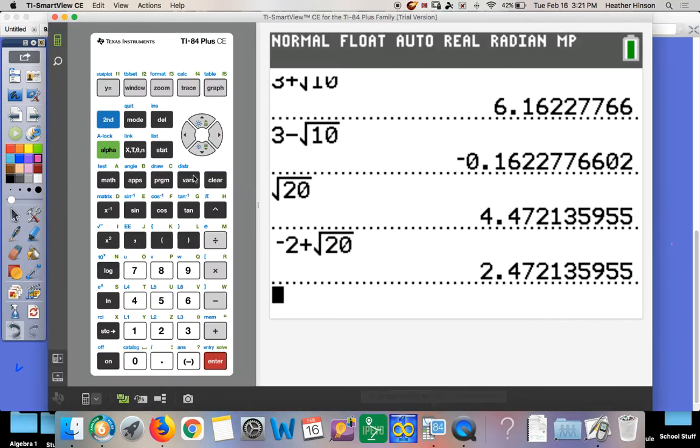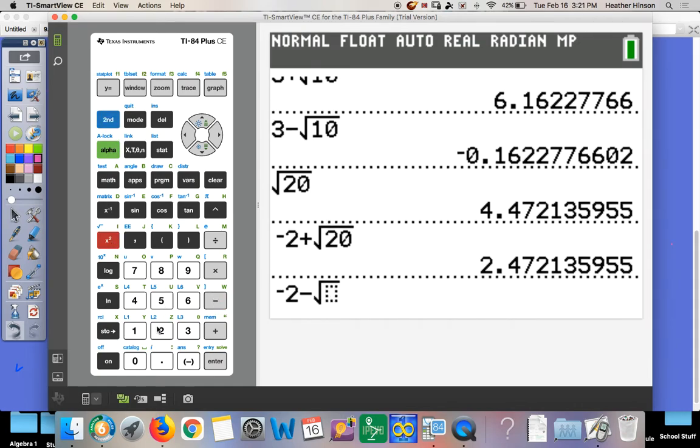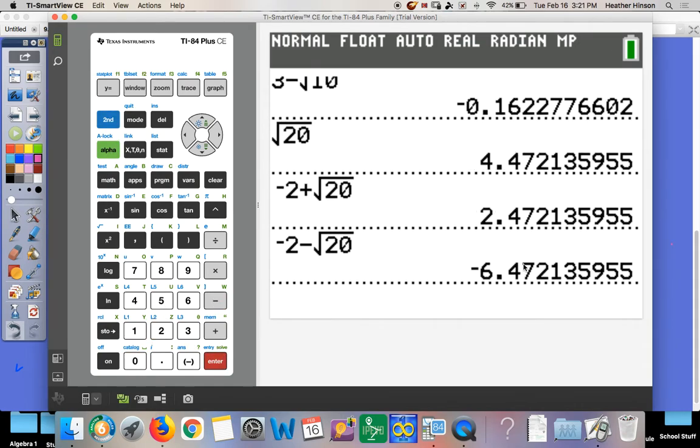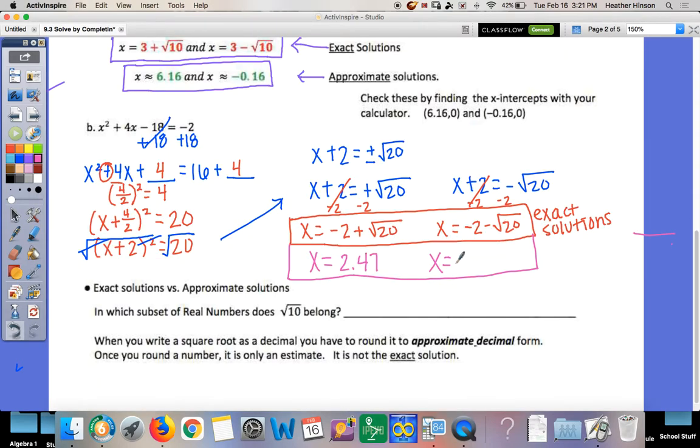Negative 2 minus square root of 20. 2 decimal places, so negative 6.47. Those are your approximate solutions. So exact, leave your square root alone if you can't simplify it. Approximate, get the decimal.